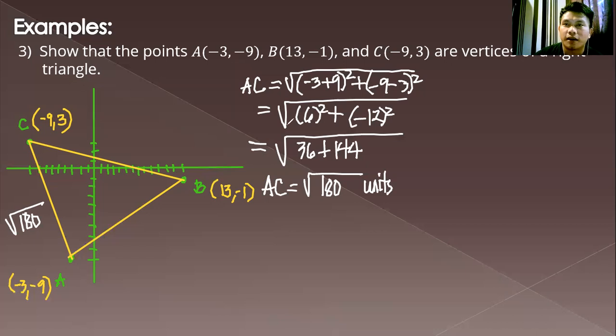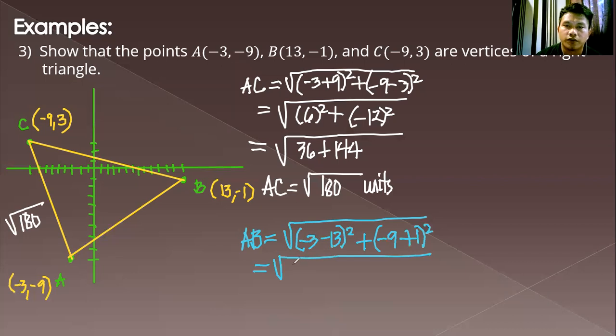Now let us have AB. AB is equal to the square root of (-3 minus 13) squared plus (-9 minus -1) squared, so that is -9 plus 1.